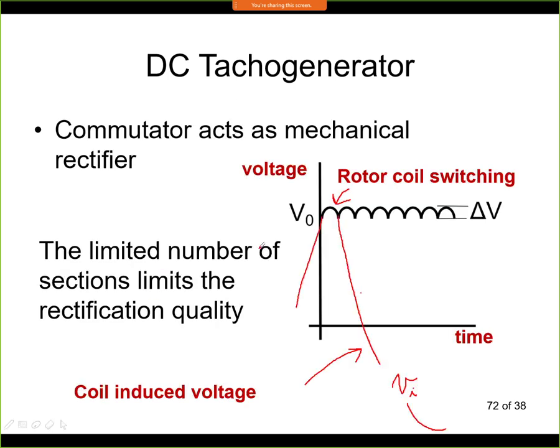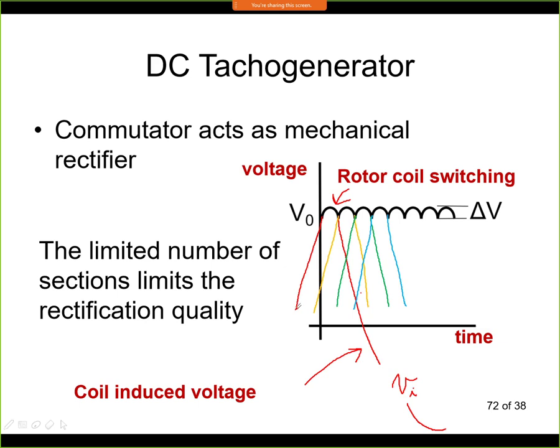Now let's take a look at how we can actually see the voltage on the output. I was saying that the commutator acts like a mechanical rectifier. So the voltage that we are actually creating in the rotor is an AC voltage, and we are rectifying this voltage. The commutator acts like a switch, and it switches the sections on the commutator. So what we have on the inductor is actually a sinusoidal voltage.